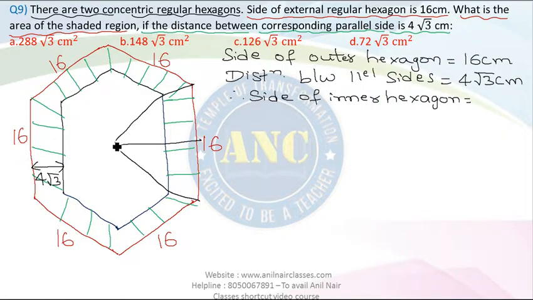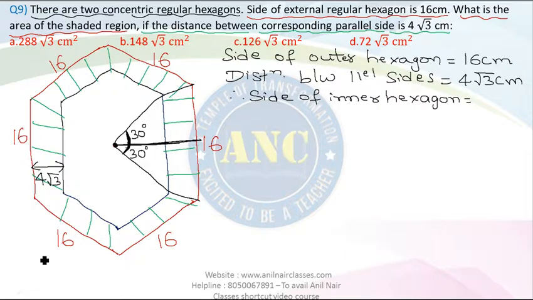Because they are regular hexagons, this entire angle is 60 degrees. It becomes an equilateral triangle. I already explained this for so many questions earlier. It becomes an equilateral triangle, and this is a line drawn from the vertex of this equilateral triangle. That means it will divide the perpendicular into 2 equal parts. So this becomes 30 degrees. This also becomes 30. Totally it is 60 degrees. Both will become 30 each.